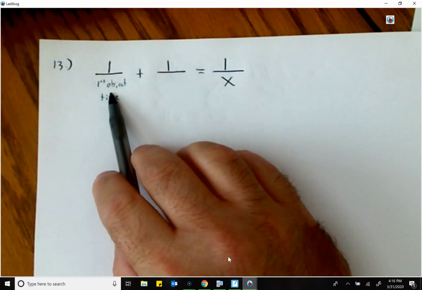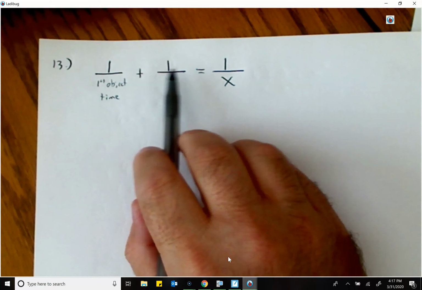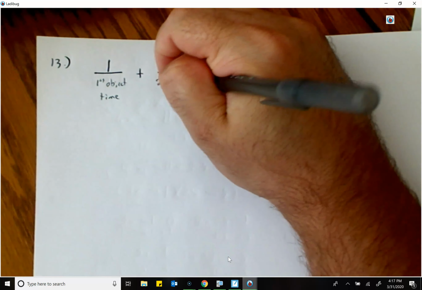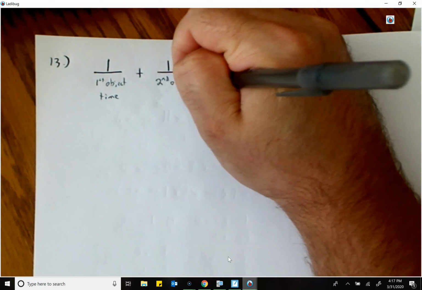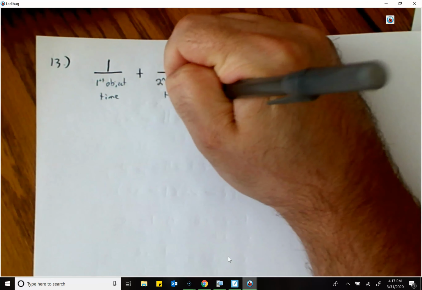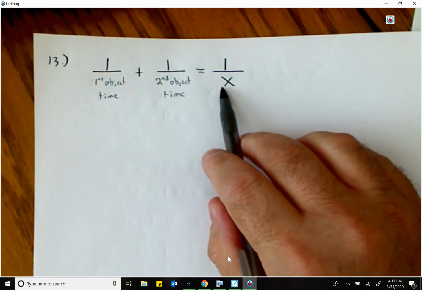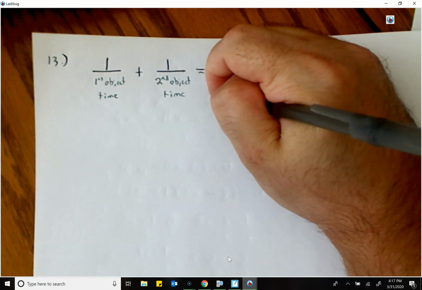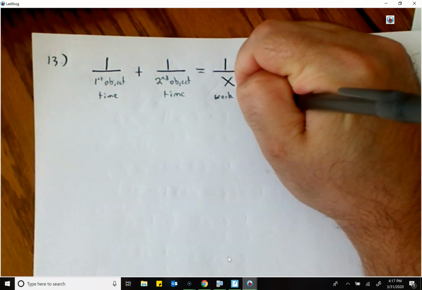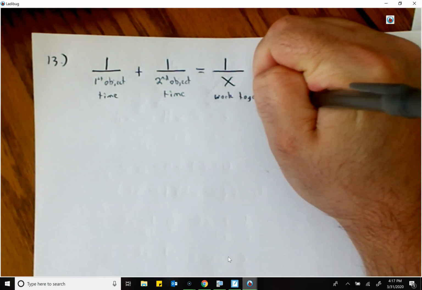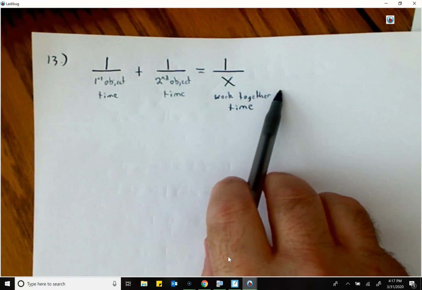So the first object's time, then we're going to add that together with the second object's time. And that will give us x, which is when they work together. That's how these problems work. You're setting up a rational equation to solve.